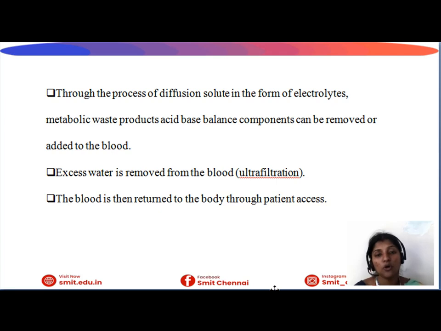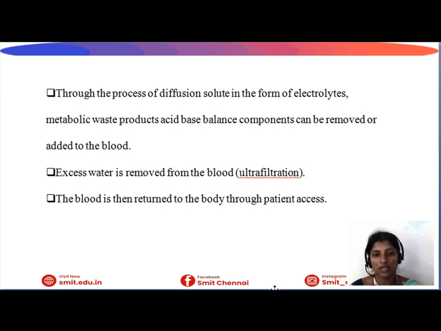Through the process of diffusion, solutes in the form of electrolytes, metabolic waste products, and acid-base balance components can be removed from or added to the blood. We can add or remove bicarbonate during the process on the basis of requirement.